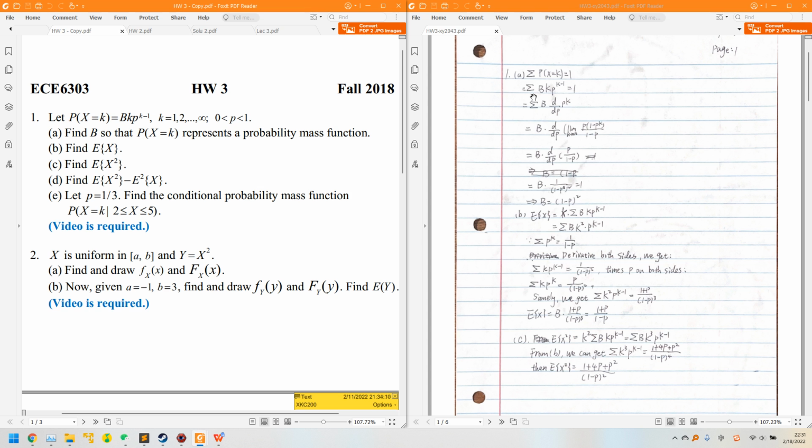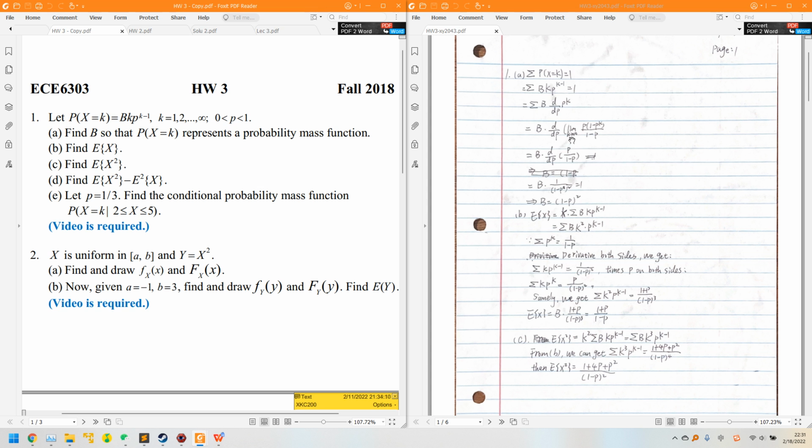We sum this together and it should equal 1, and we can find that the sum of k times p to the power of k minus 1 can be written in the form of a derivative, and we can calculate the limit of p to the power of k, and it should be this one.